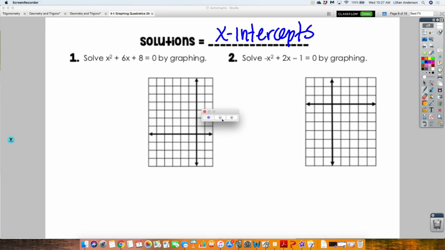So plugging 1 in. See the difference? I'm squaring 1, then changing the sign. What is that? 0. So my vertex is at 1, 0.